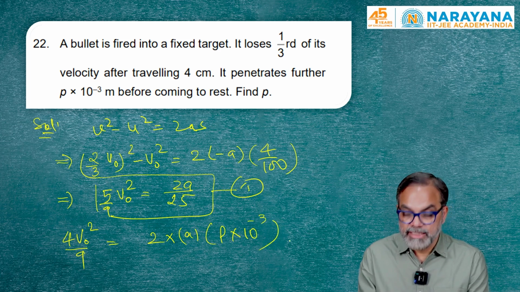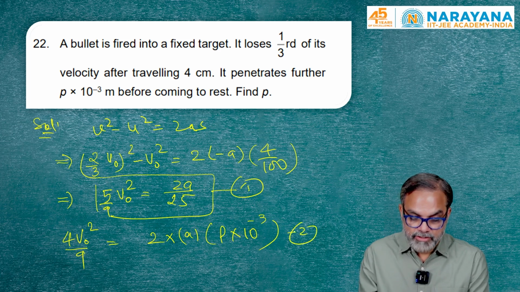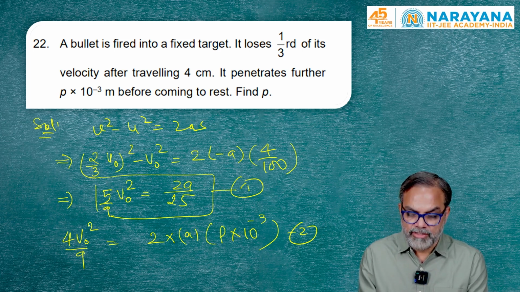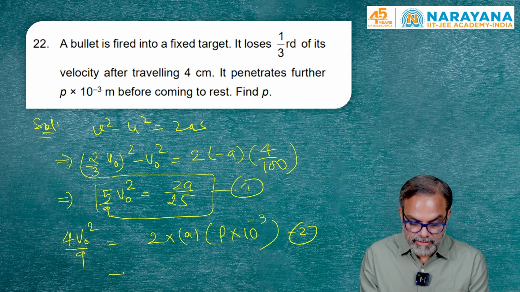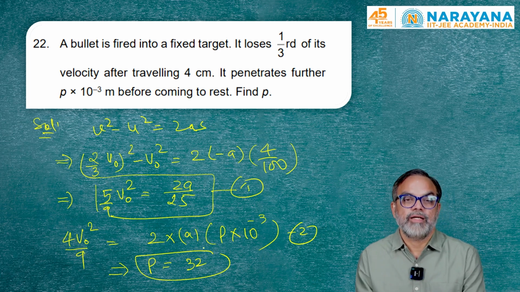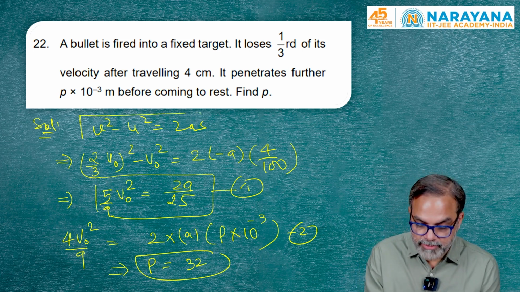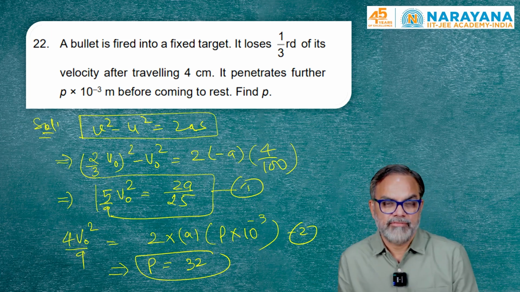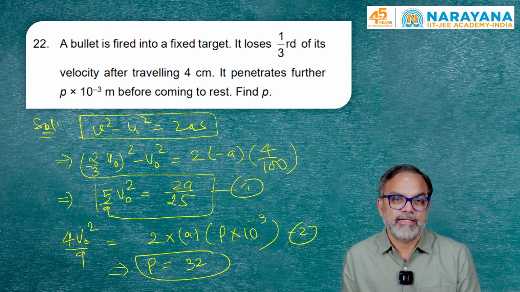So this is our second equation. So from 1 and 2 I can divide the two equations, and a and v naught will cancel out, and give me the value of p as 32. So this question was simply using this equation twice. V naught is the initial velocity we have assumed. Let's say a is the retardation.